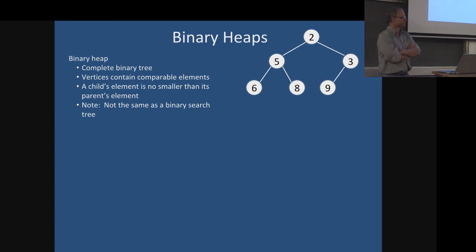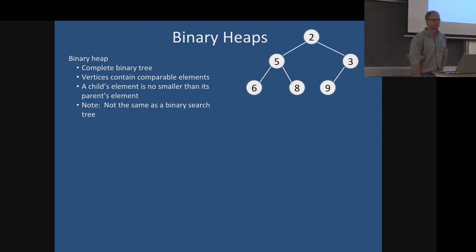Every level has all the possible nodes as you go down, and the very last level might not. So every level except the last is guaranteed to have the maximum number of nodes. So you've got 1 at the root level, 2 at the next level, but then only 3 at the bottom level.